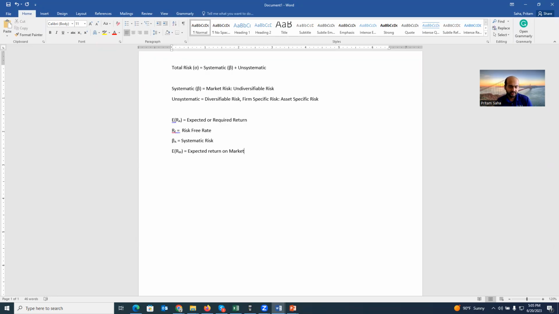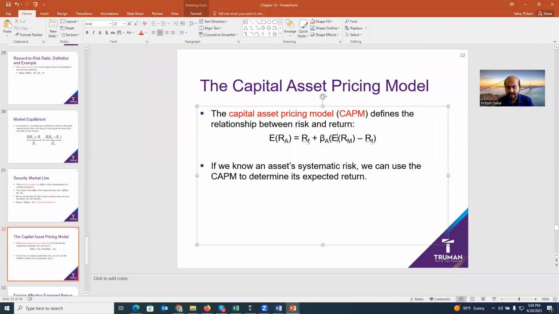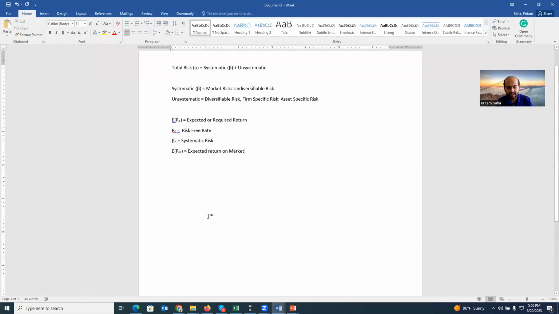Now, there's a difference between this part and this entire area. This is not the expected return on market. The expected return on market is basically this one. But if you look carefully, I'm doing expected return on market minus risk-free rate. So this is basically market minus risk-free.